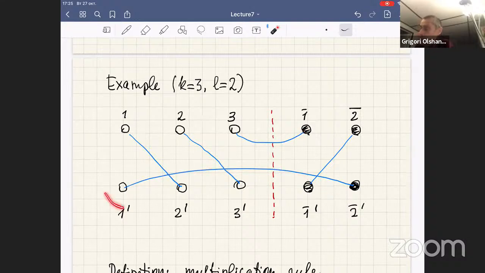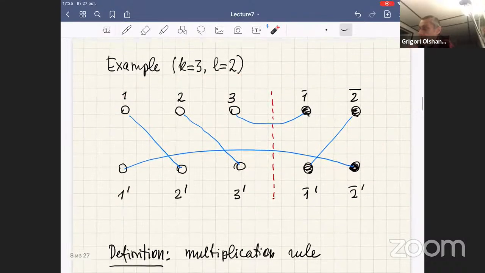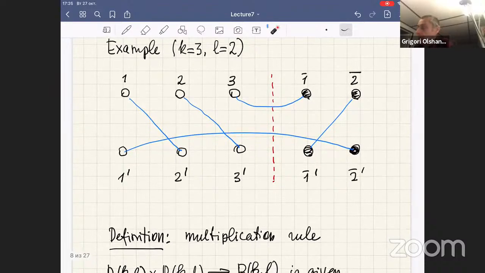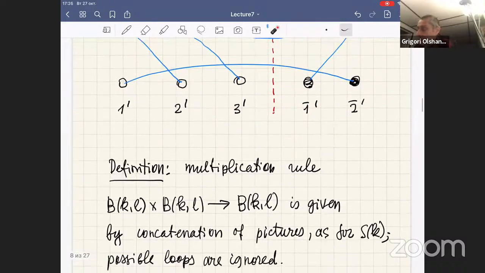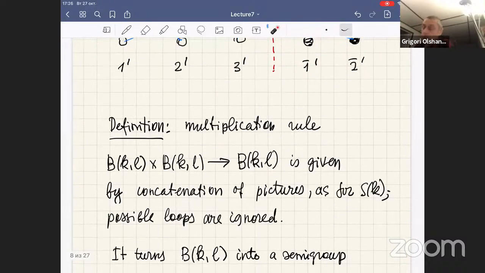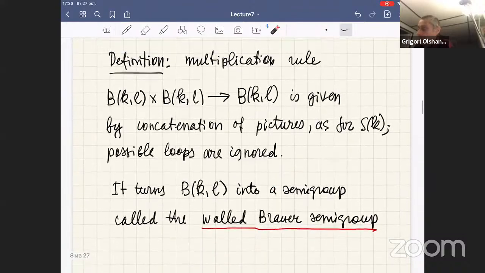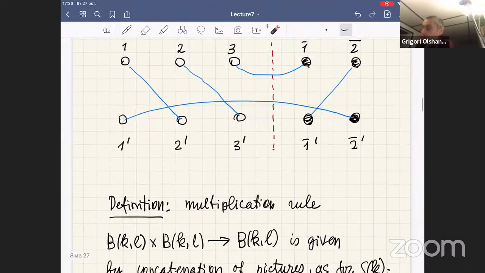So an element is a picture like this. By definition, it is an element of the semigroup. But now we have to explain how to multiply two pictures, just in the same way as before, by concatenation. We take one picture like this and add to it another picture which represents a second element and concatenate it.